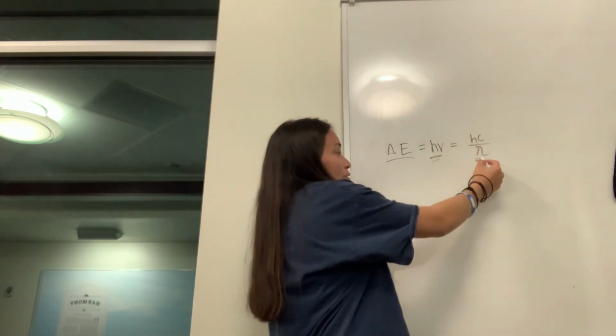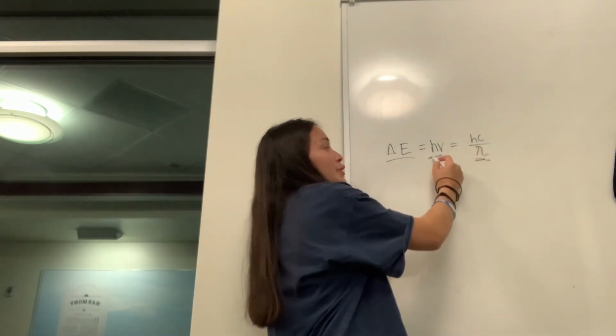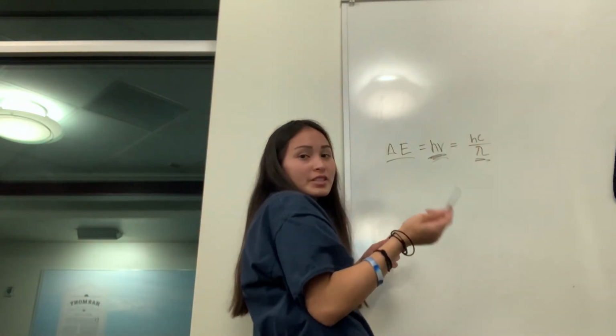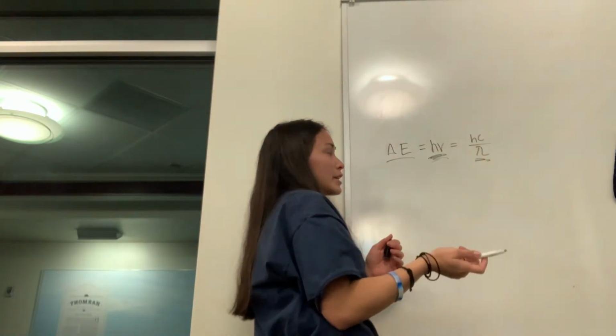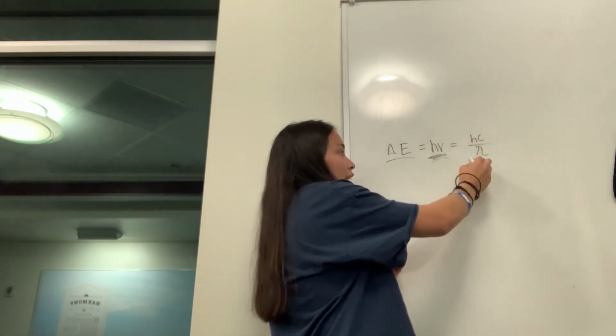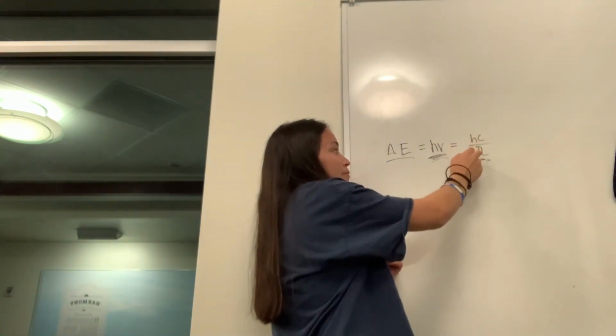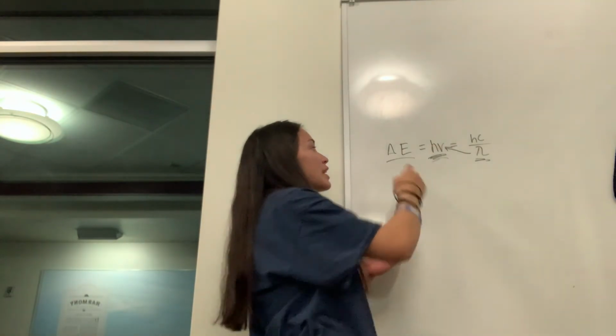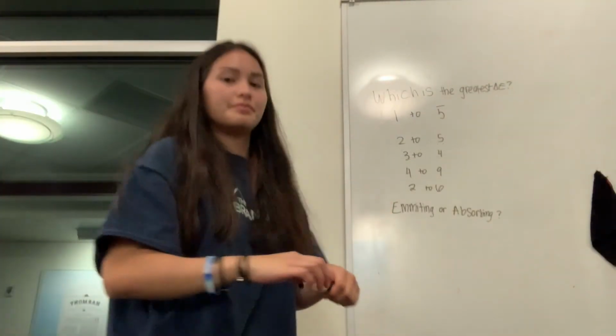Frequency is equal to c, the speed of light, over the wavelength. If we're given the wavelength, we can calculate our frequency, plug it into this equation, multiply that by Planck's constant, and then get the change in energy.